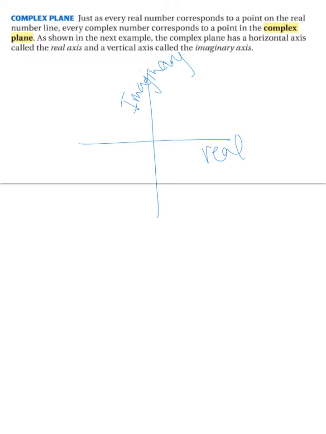So if I had in standard form 5 plus 2i, that means I need to go positive 5 on the real axis, and then I would need to go positive 2 on the imaginary axis, and I would plot my point.